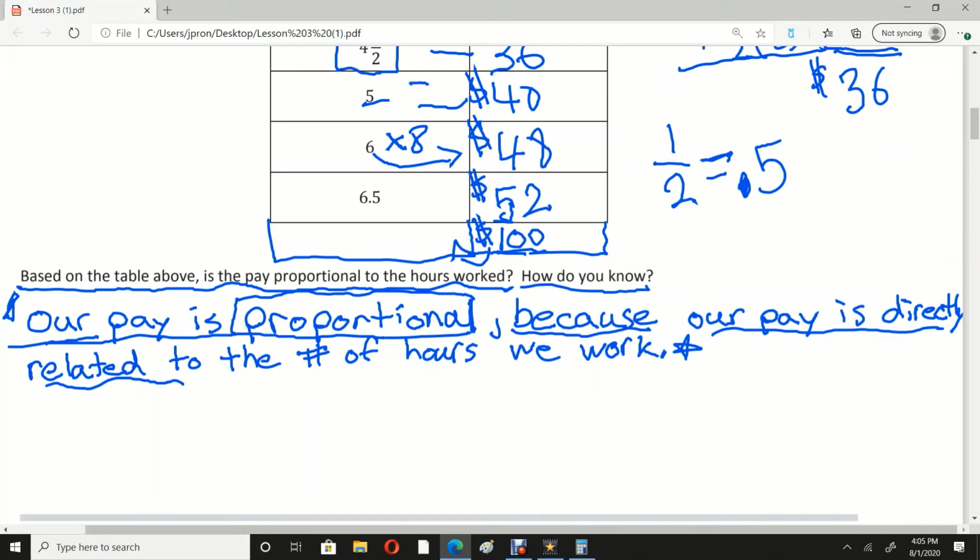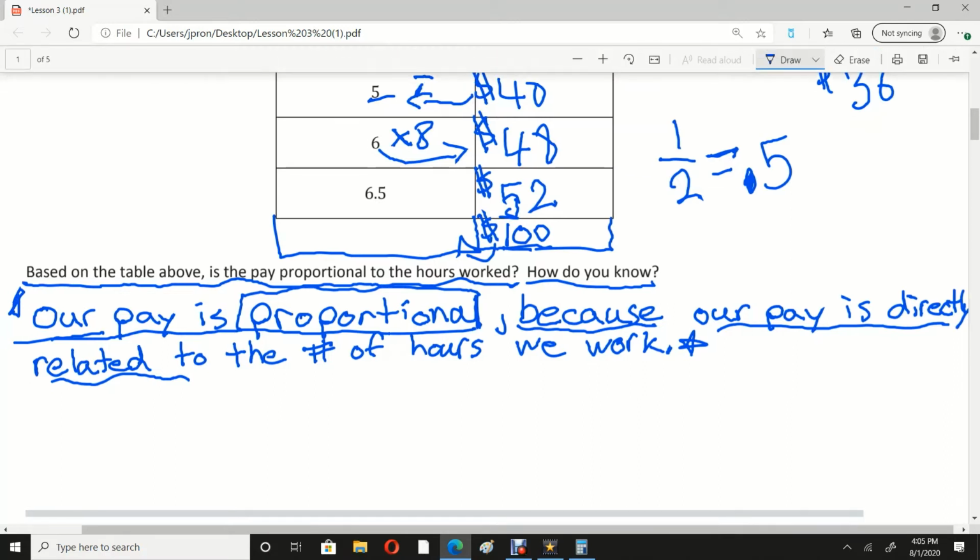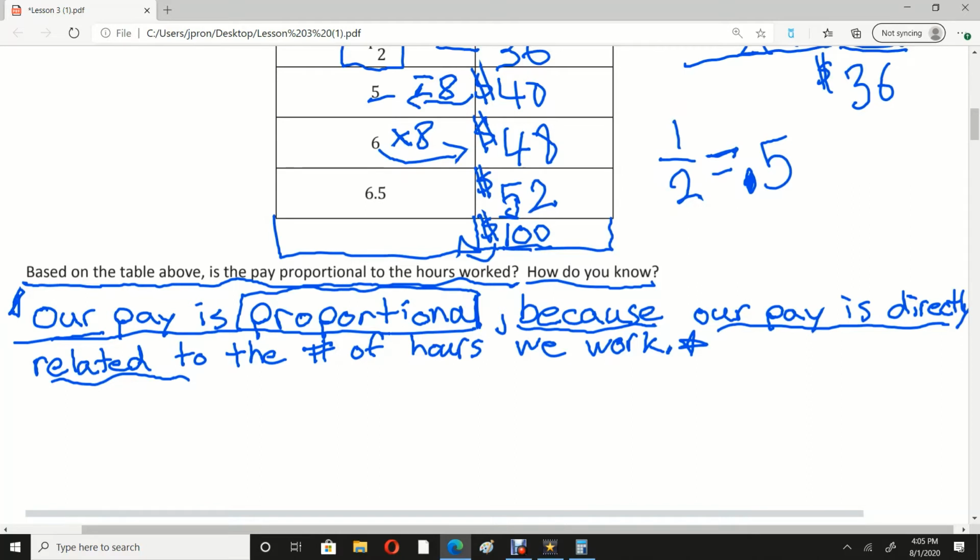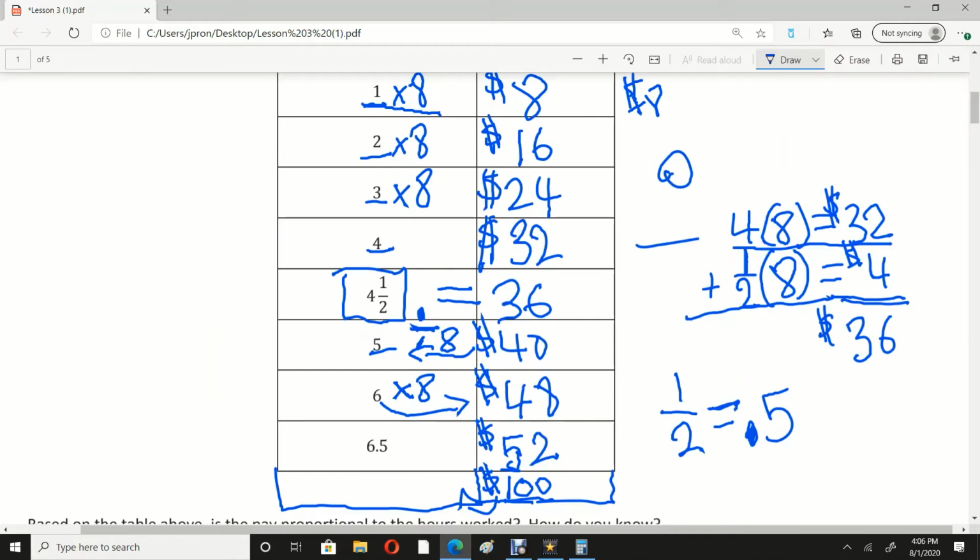We divide by 8. So 40 divided by 8 gets us 5 in this example. We would divide $40 by 8 to get our number of hours worked, which is 5.